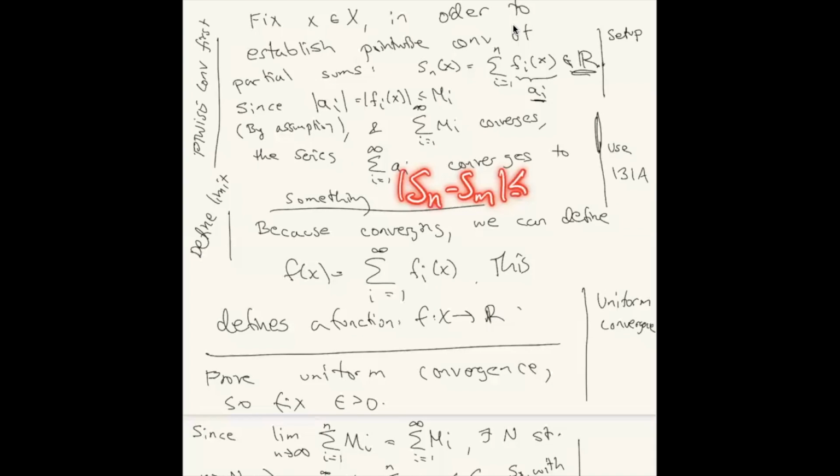What you would get is a difference of M_i's, and this can be made small because it involves a convergent series of partial sums. That's another way of going about it, and then you would use completeness of R to argue convergence. But this time we can just use the comparison test from 131A to speed this up.